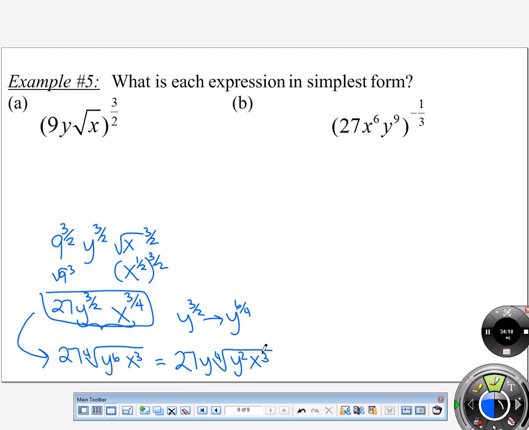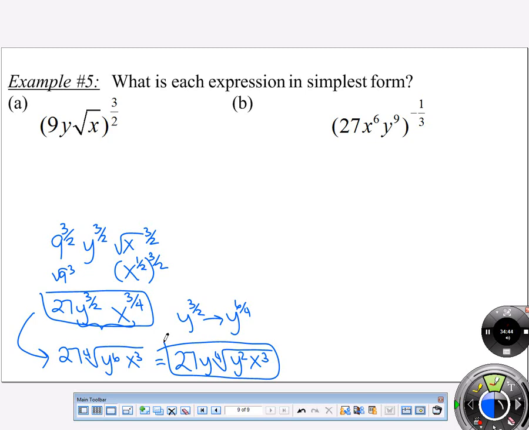Now, y squared, the 4th root of that, that's not as simple as it can be written. But because we want the y and the x underneath the same radical, that's as good as we can do right now. If this was by itself, we wouldn't have gone to write it in the 4th root, right? But with other stuff that can't be simplified, this is as good as we can do. So this would be the most simplified version in radical form, okay?